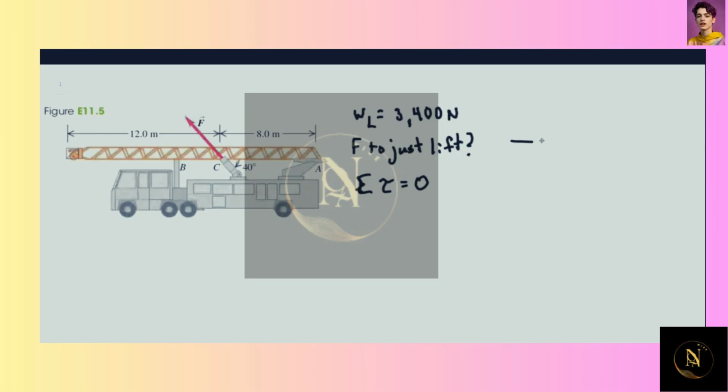So let's draw the ladder here as a rod. We're told that its weight is 3,400 newtons, which acts at the center of gravity, which is halfway along it.